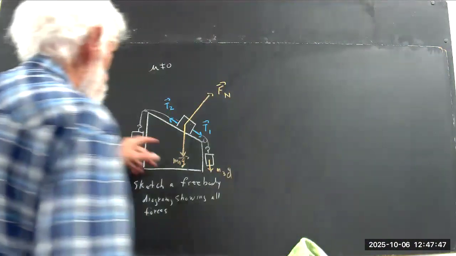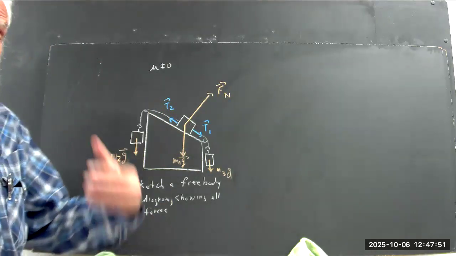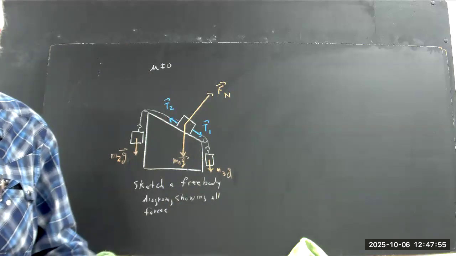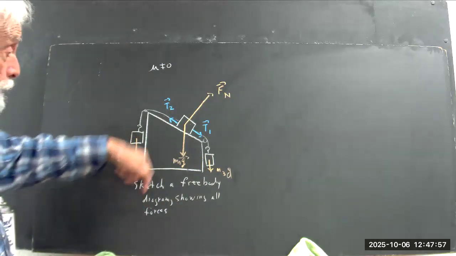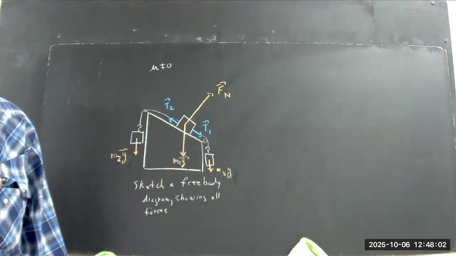If you look at either of these falling weights, the only force either one of them has is the weight, the mass times acceleration of gravity. And each of these is just going to accelerate downward at 9.8 meters per second squared.